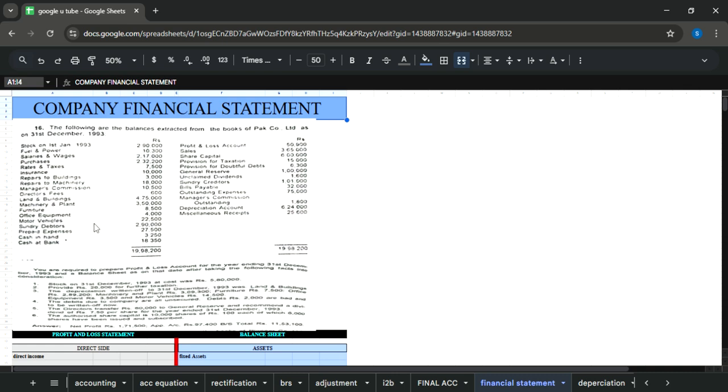Beside this question, we have a few adjustments. Relatively, the number of adjustments is less than in the previous question. We have only 6 adjustments, which means these are amounts which were supposed to be present in this trial balance, but for some reason they were missed and not entered in the accounting statements.